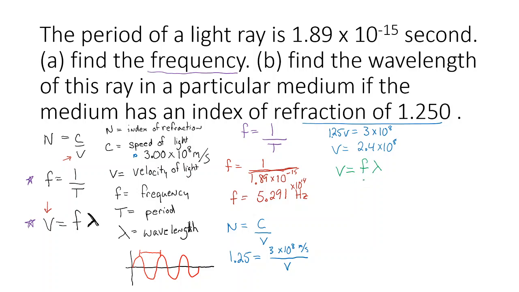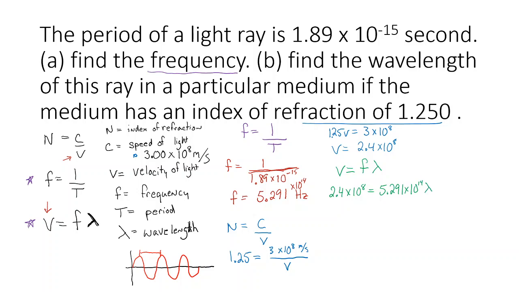And we already have learned in this lesson that the velocity is 2.4 times 10 to the 8th meters per second, and the frequency is 5.291 times 10 to the 14th, times wavelength.